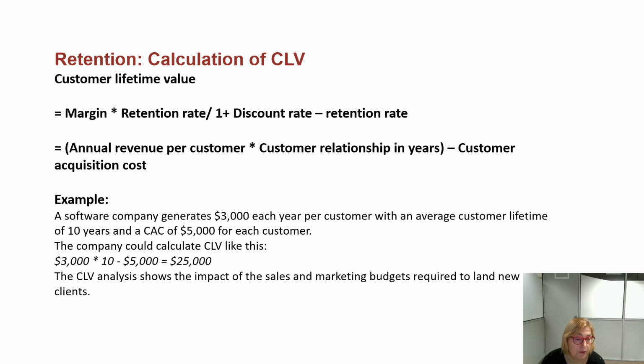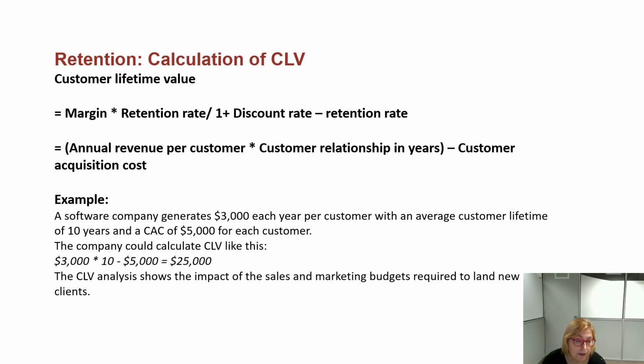You have the $3,000, which is the average order per customer per year, and you multiply this by 10, the average customer lifetime in this case. Then you take the $5,000 investment out, the CAC, the customer acquisition cost. And at the end, what you will have is a CLV of $25,000.